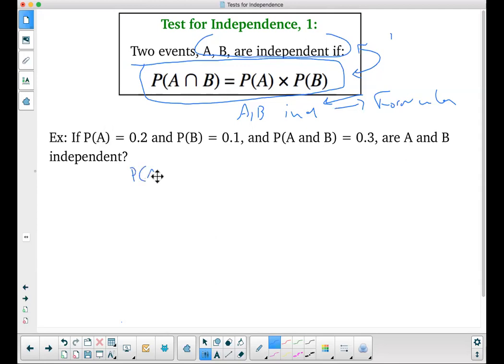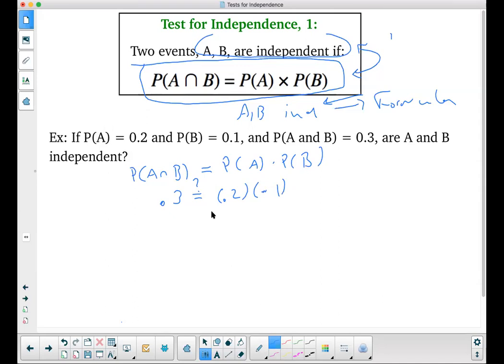So we have probability of A and B equals probability of A times probability of B. I'll substitute in: probability of A and B is 0.3, probability of A is 0.2, probability of B is 0.1. So if this equation holds, then A and B are independent events. What events those are, I don't know, but they would be independent.